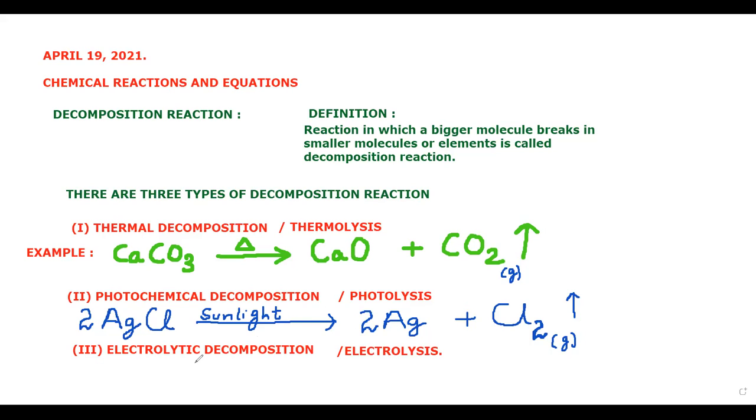Example of electrolytic decomposition reaction. If you take water and treat it with a little bit of acid, H plus ion, and pass electric current, then this will break into H2 and O2.